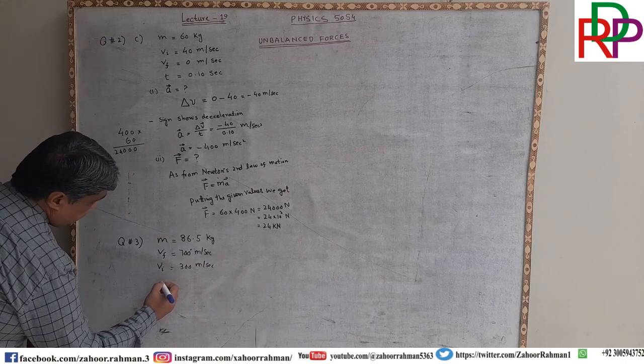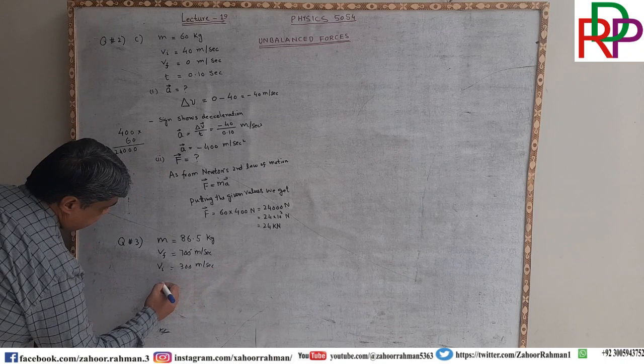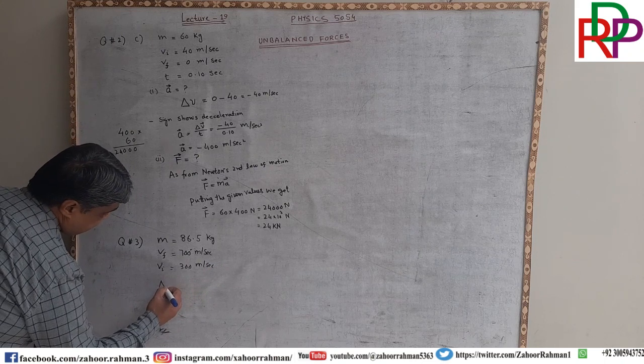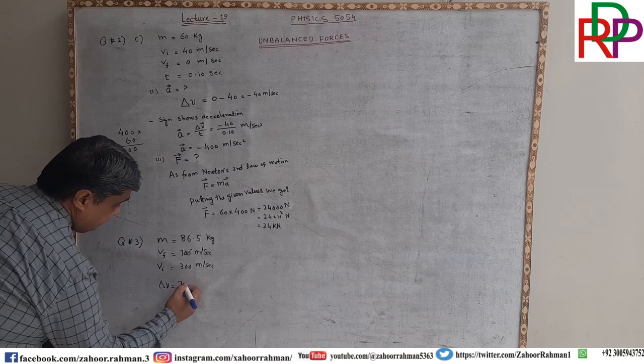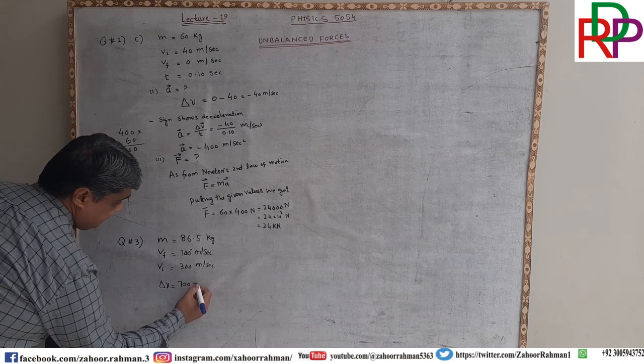So we have to find the delta V, and delta V is the change in velocity.